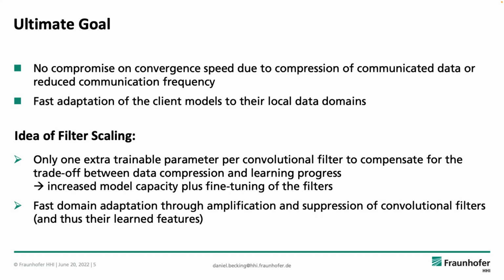We hope with these additional trainable parameters that there's an increased model capacity on the one hand, but also that fine-tuning happens to the filters. And with this fine-tuning, that we can also adapt faster through amplification and suppression of some convolutional filters on the client sides. So they can amplify more important features for their data, or even suppress the unimportant features.